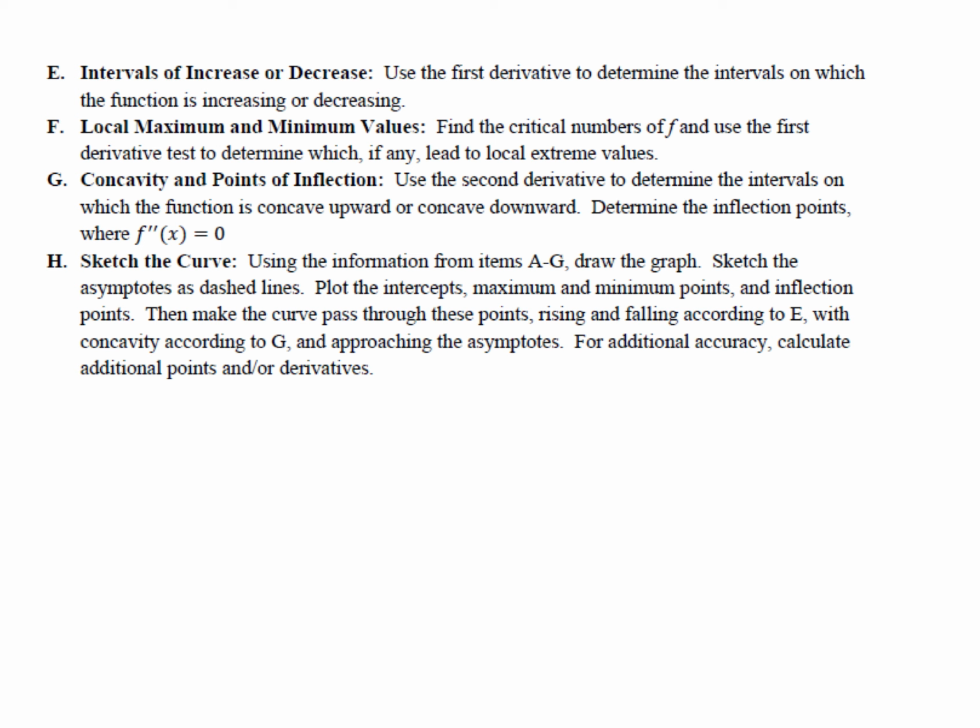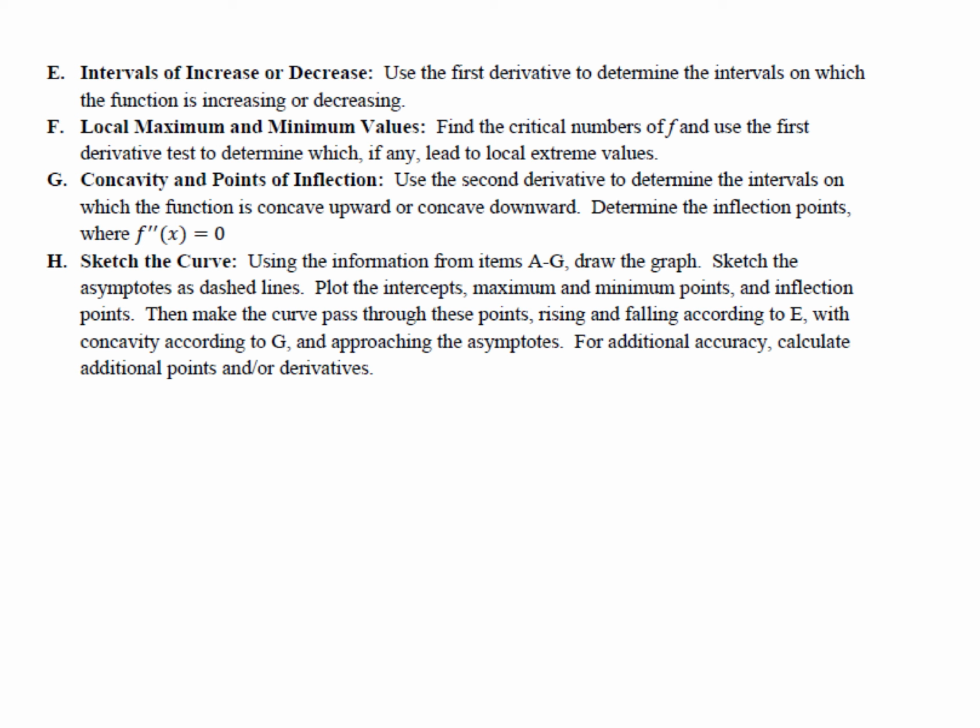They're important function values. If we're looking at something that's being thrown in the air, we might want to know its maximum height. If we're looking at a profit function, we might want to know the maximum. These are important points, so we really want to make sure that we're representing them accurately on our graph.